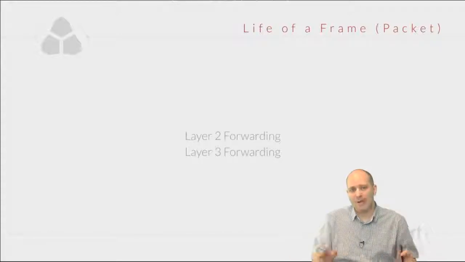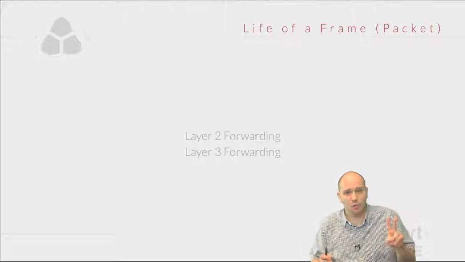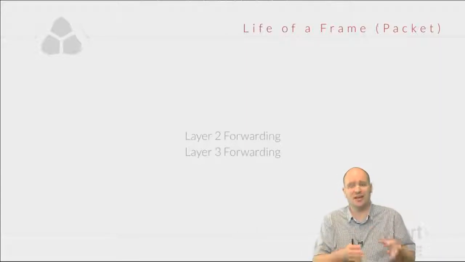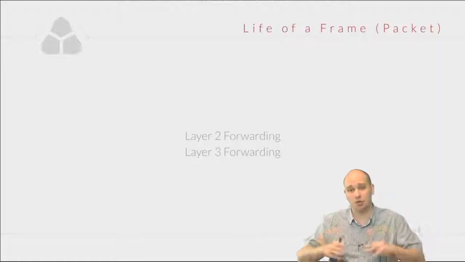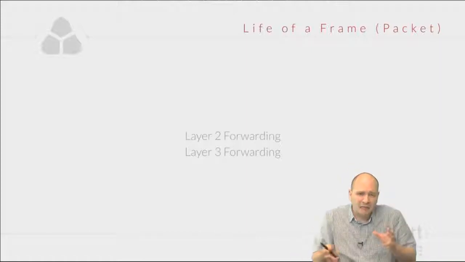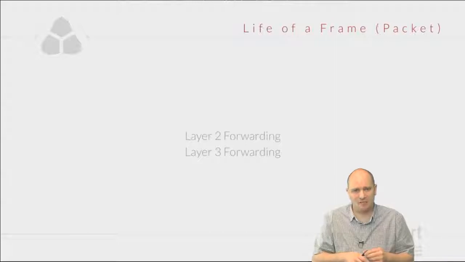When we are talking about the life of a frame or a packet inside the switch, we have to examine two different operations that are happening on modern day multilayer switches. One is what happens with frames at layer 2, and what happens when we receive an IP packet that the switch needs not to switch at layer 2 but actually route at layer 3. The functions that the switch needs to perform are very, very similar in these cases, but somewhat different.